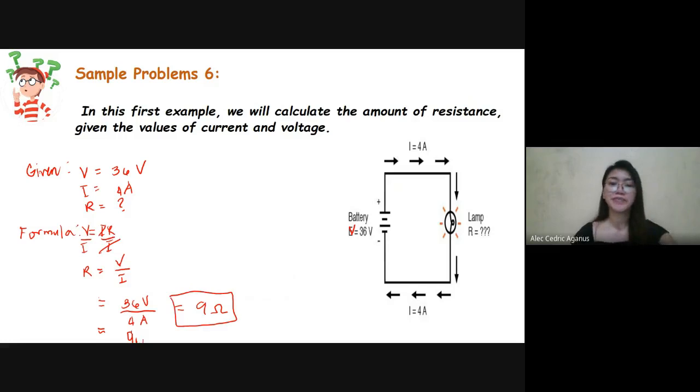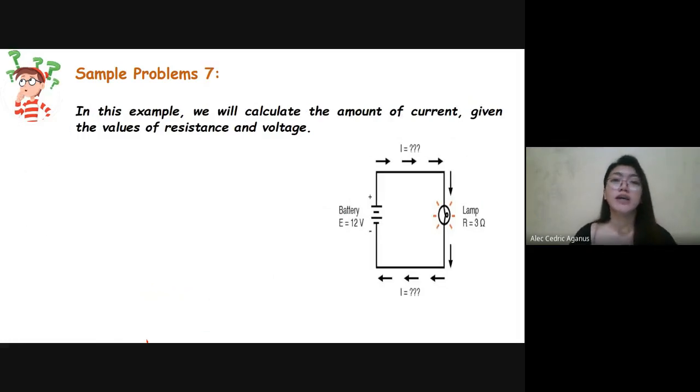Next problem. In the second example, we will calculate the amount of current given the values of resistance and voltage. Given V is equal to 12 volts and R is equal to 3 ohms.